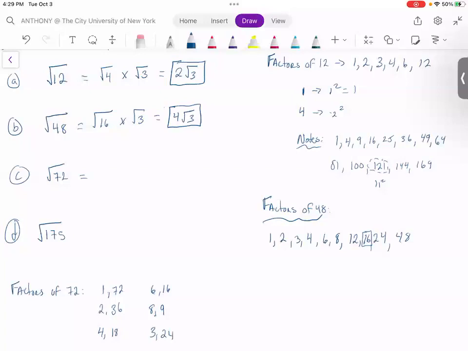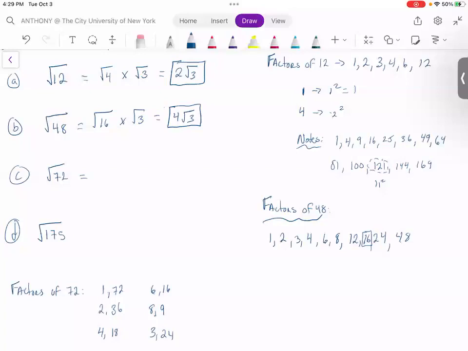All right. I'm just going to stop there for now. If you notice, factors of 72 have a lot of perfect squares. You have 1, you have 4, you have 9, you have 16, you have 36. The good thing is that you always want to use the highest one. So what is the highest perfect square? 36.